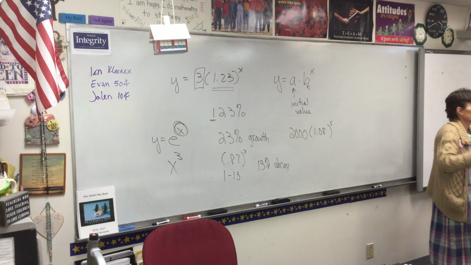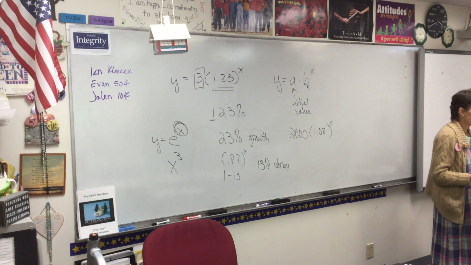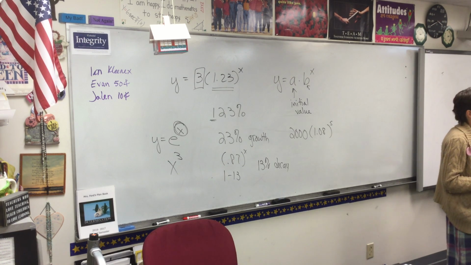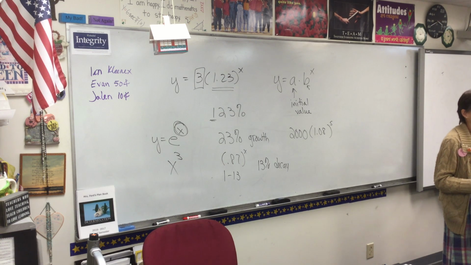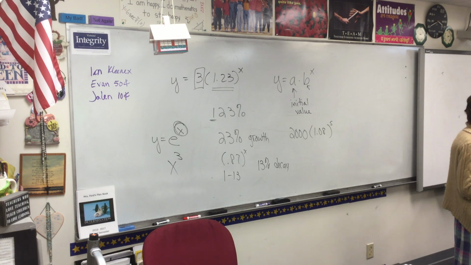Okay, schools belong to associations. We belong to an association called ISACS, Independent Schools of the Central States, or something like that. And every 7 years, we have to go through an accreditation process where they come in and say, okay, if you want to be part of our organization, you have to be living up to these standards. We prepared a report over the last 2 years where we've evaluated everything.